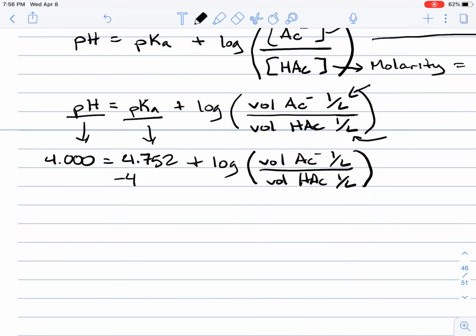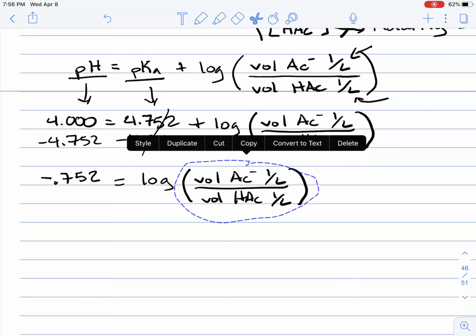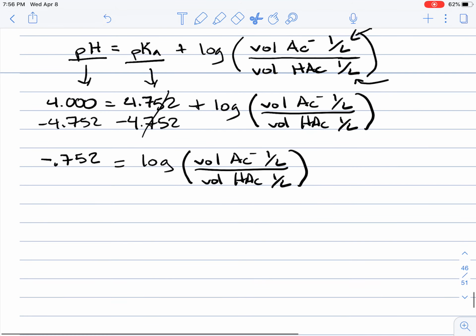So I'm going to go ahead and subtract 4.752. And the value that I get here is going to be negative 0.752. That's going to give me my log of, this is going to be too much to write over and over again, so I'm just going to cheat just a little bit and duplicate it. Maybe I'll copy it. Who knows when I'll need it again. And so I'm going to go ahead and solve this ratio by taking the base 10 of both sides.